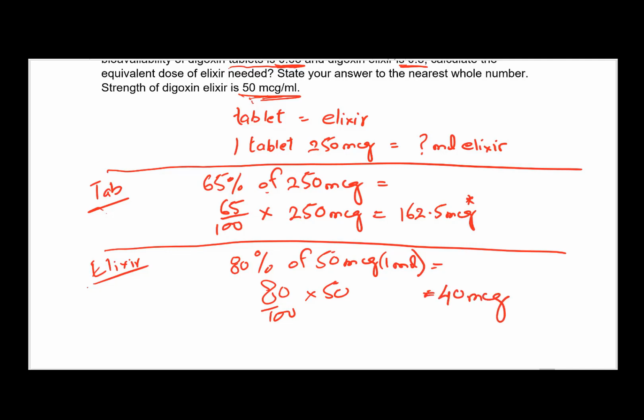So that means when this patient takes 1 milliliter of digoxin elixir, 40 mcg gets absorbed. So everybody with me? Yes.